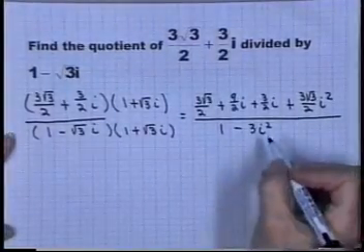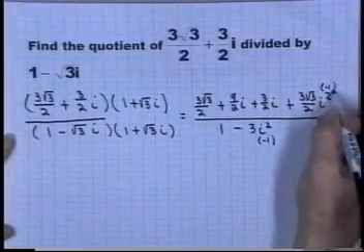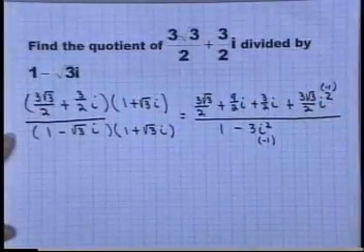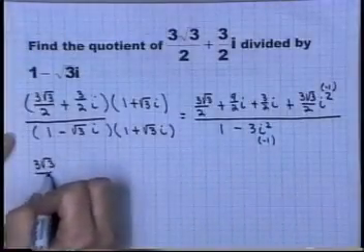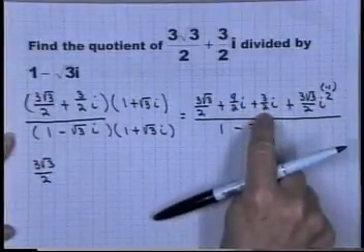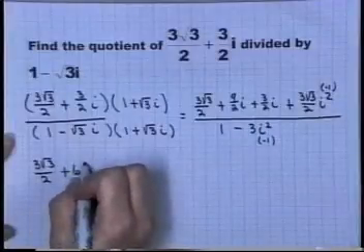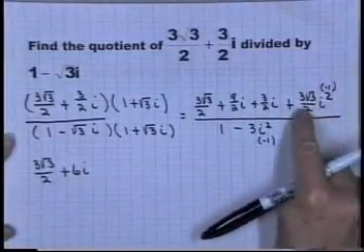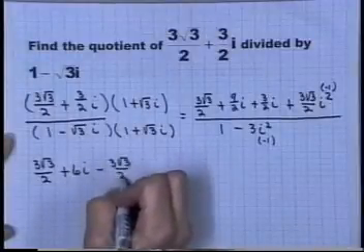Now, recall each of these i squareds we're going to replace with -1. So let's do a little simplifying. I have 3 square root 3 over 2. Adding these two, 9 halves plus 3 halves is 12 halves or 6i. And replacing this with a -1 makes this minus 3 square root 3 over 2.